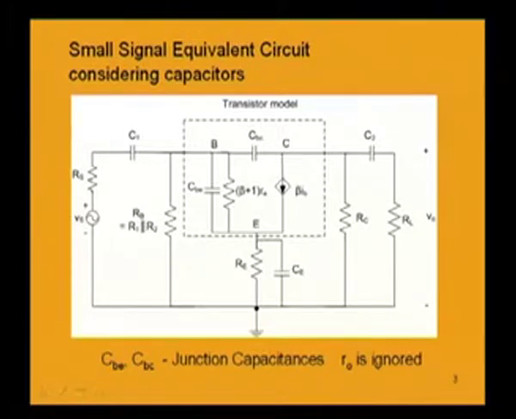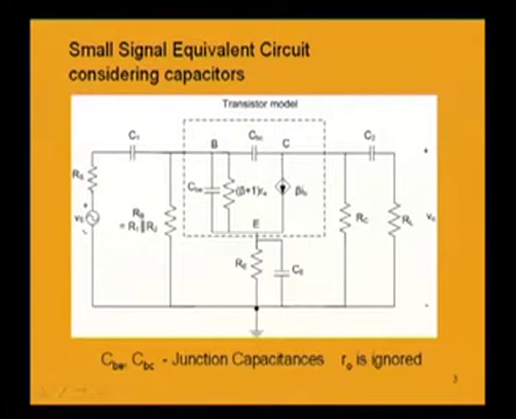Here all the others are simply what we considered earlier, and the only extra elements are the capacitances. So we cannot neglect these capacitances, or their effect, when the frequency of the applied signal Vs is not in the mid frequency range. It is either too small or too high.